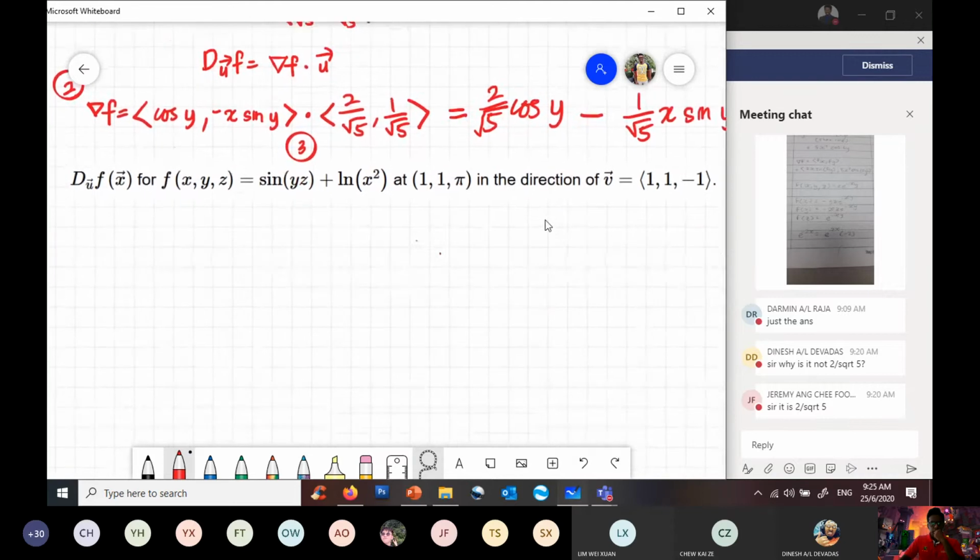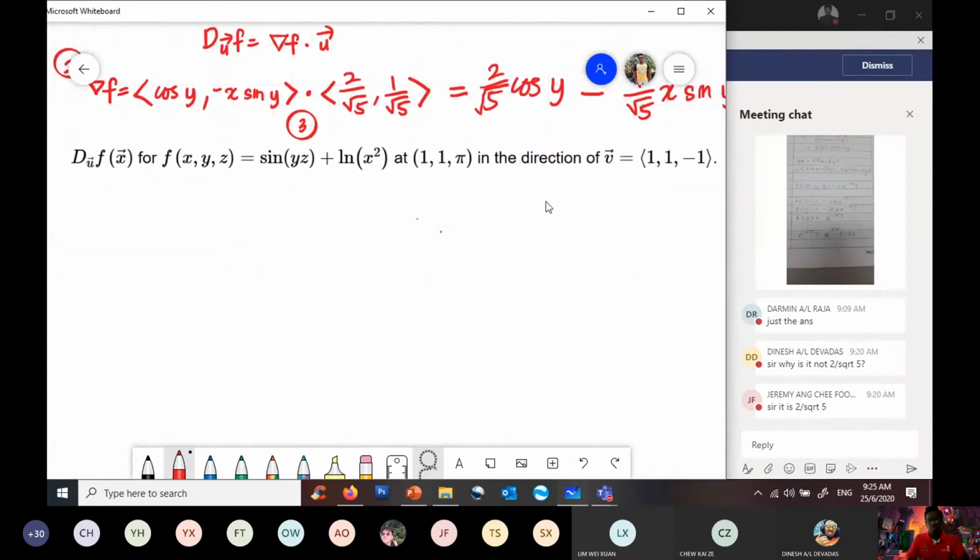Right, so please carry on. I just want to spend some time to check whether this is a unit vector. If not, then I want to find the unit vector.